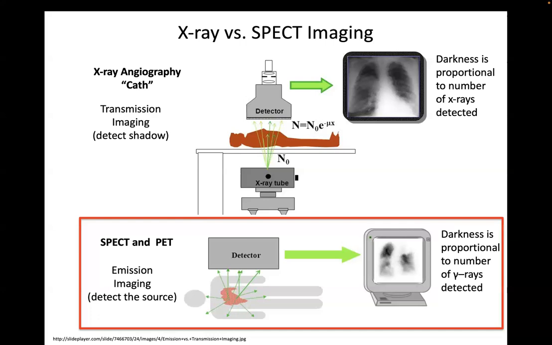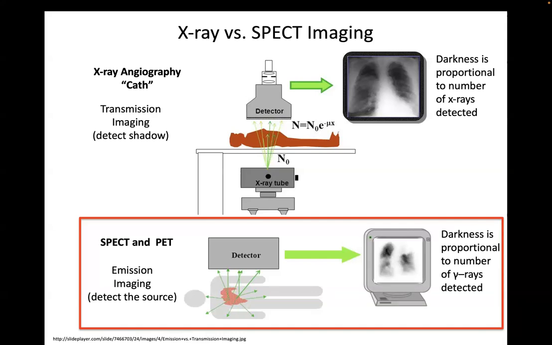If you need to scan the entire body to look for them, you can use a method like this, where you get little point sources of radiation. These metastatic lesions take up this contrast agent preferentially and then give a very sensitive estimate of whether or not there's some kind of metastasis from a primary tumor.